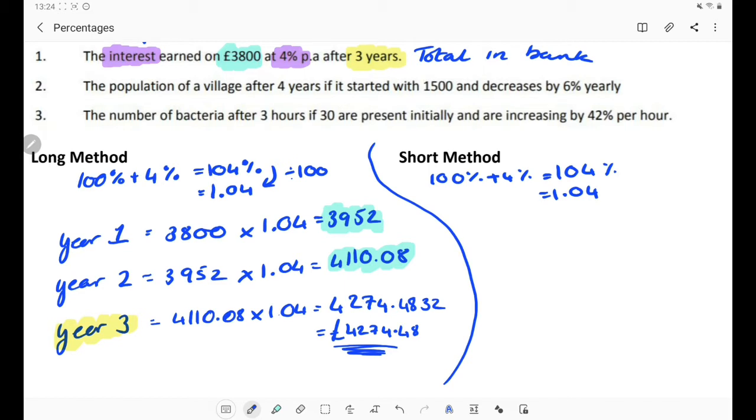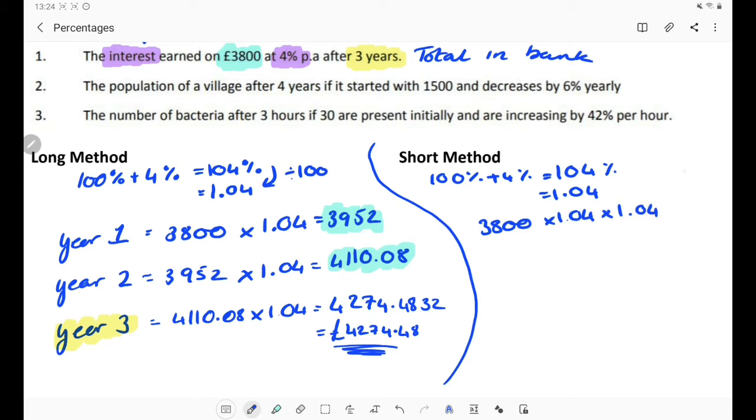But if we look at what happened in the long method, we had 3,800 times 1.04. And that equals the answer of 3,952. But we then took that answer and we times it by 1.04.